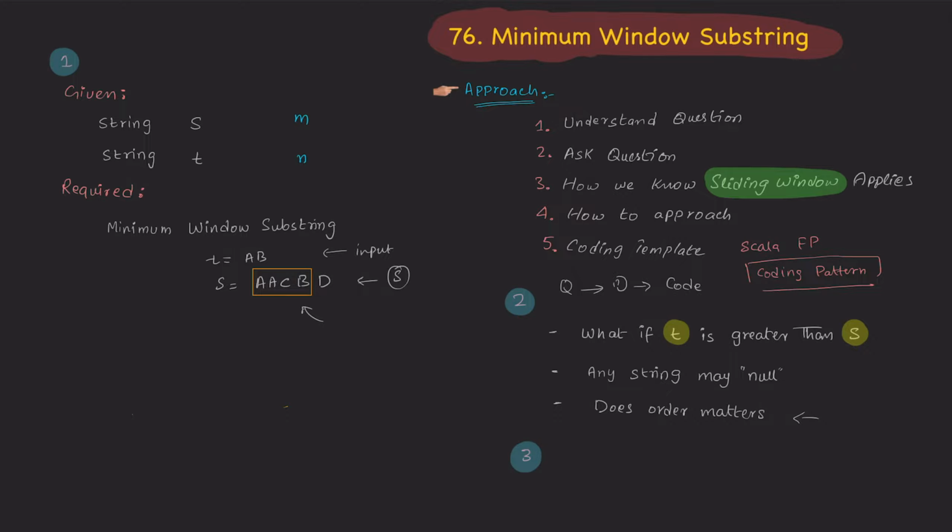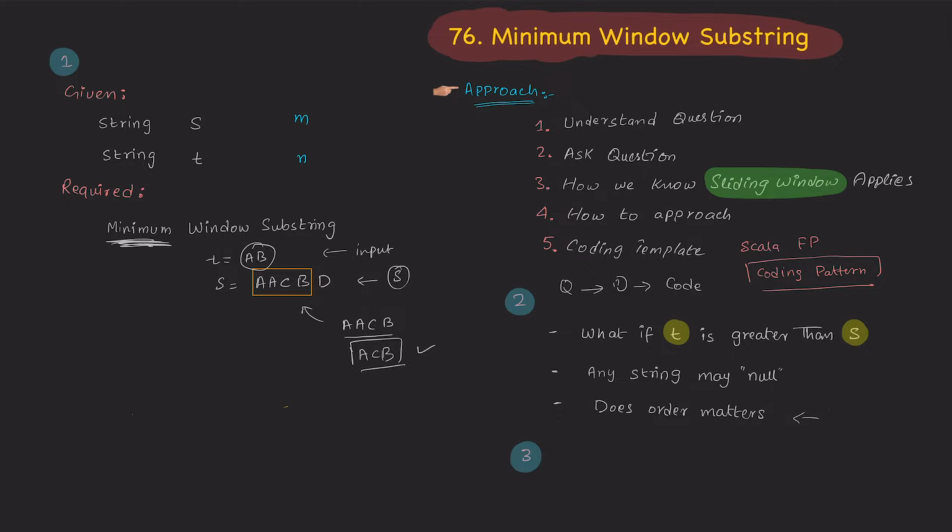This is the substring, and in A, C, B you can see all characters of T are visible. But we are expecting another condition, which is minimum window substring. In that case, they're expecting A, C, B to be the right answer.